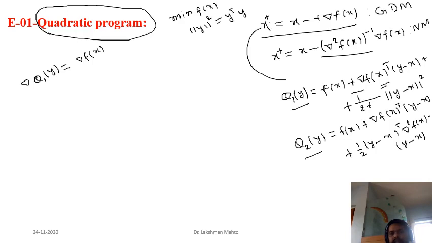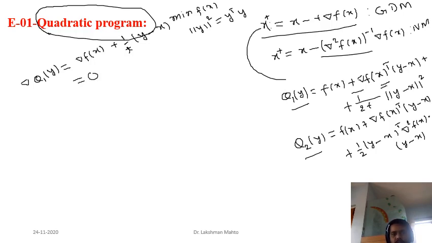It is also a quadratic function. So if you differentiate, 1 by 2 and 2 will cancel out. The remaining thing we will have is 1 by t times y minus x.